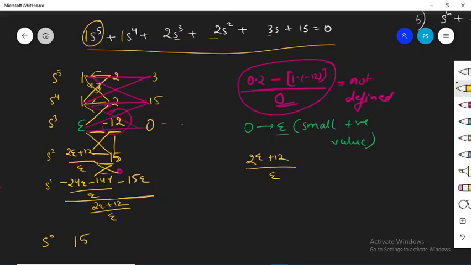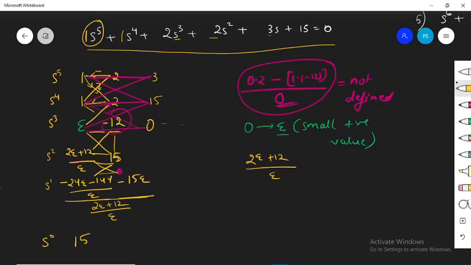So the last term you will be getting here is 15. This is how you have to proceed with making the Routh array if the first term of the row becomes 0 while the next terms can be non-zero. It's not the case where the entire row becomes 0. The first term is becoming 0, but there are non-zero values in the row also. So this is how you make the Routh array.